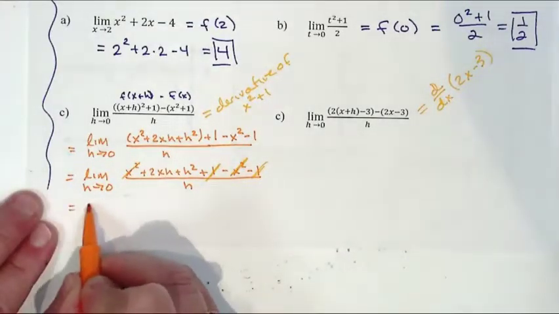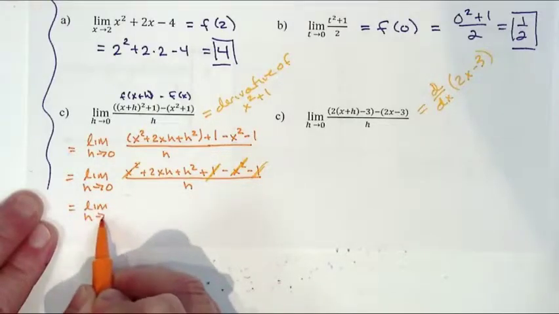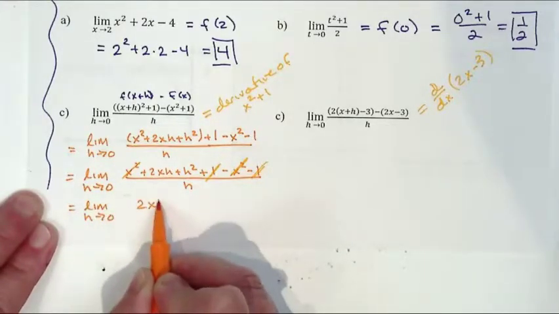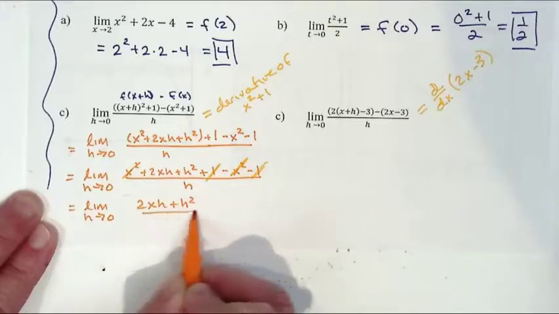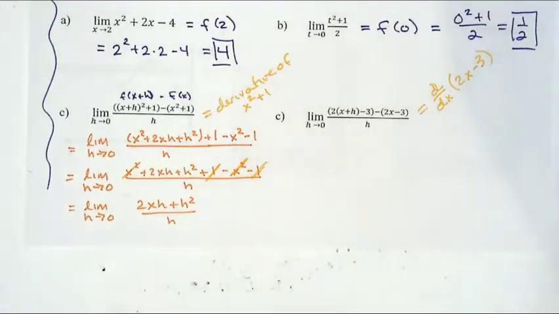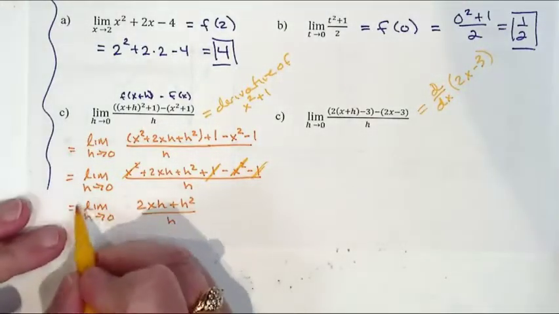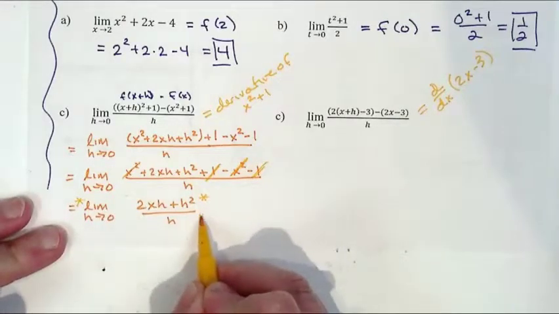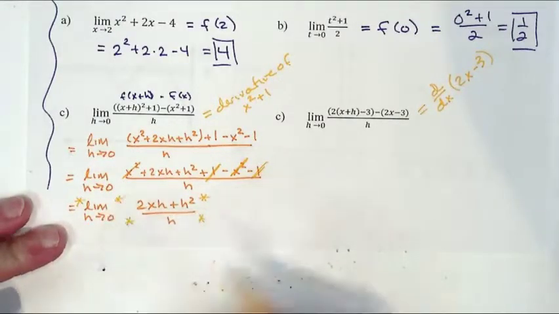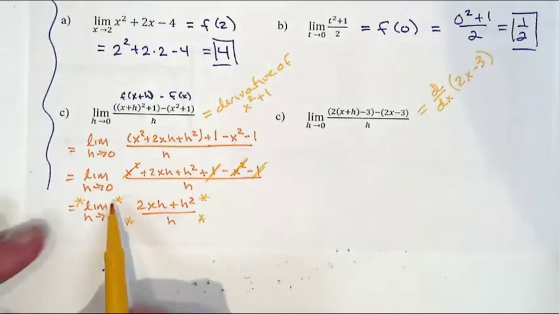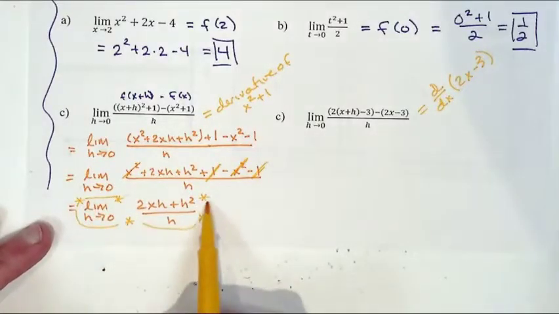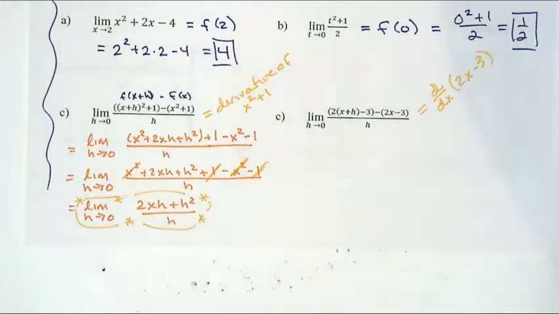I'm just writing a million steps to try to really make it clear. 2xh plus h squared over h. Now be careful here. I'm going to put some stars. Be careful on this step, because you could have done all this work perfectly, but a lot of students tend to incorrectly cancel their h's, and I really need to caution you to take that extra minute and write down another step, okay?